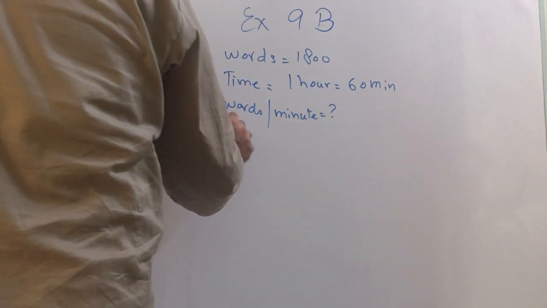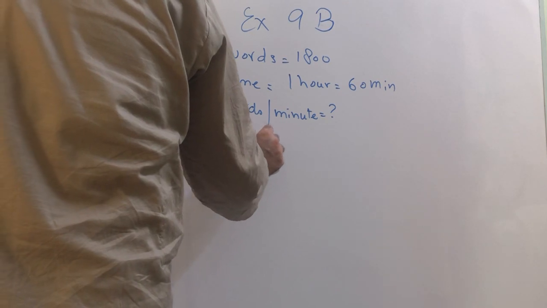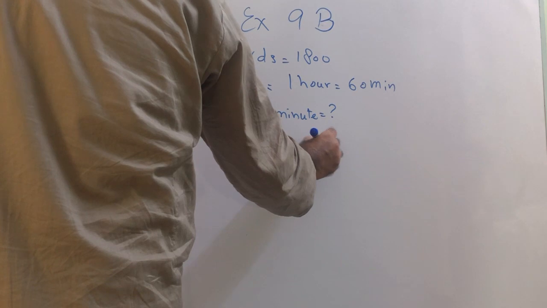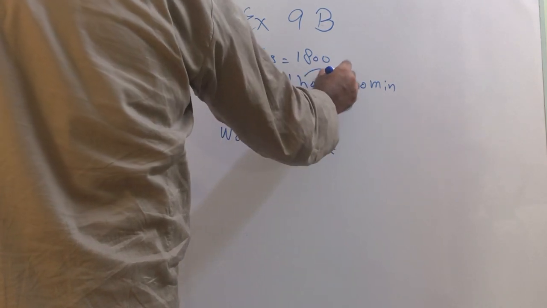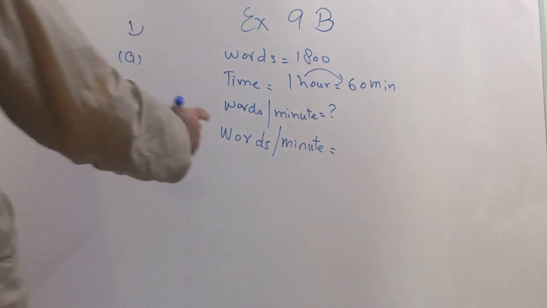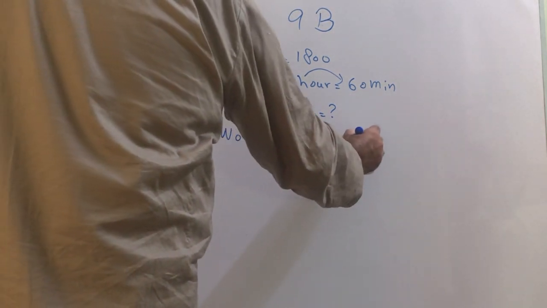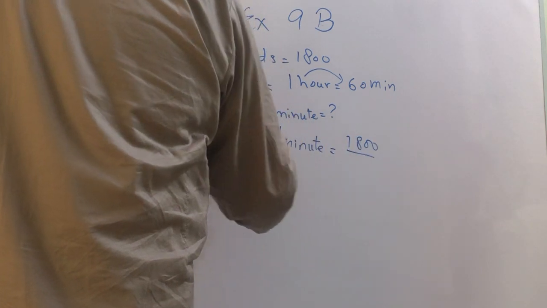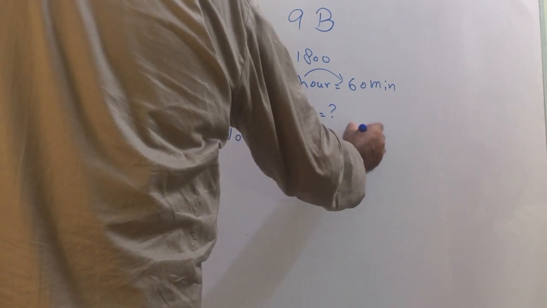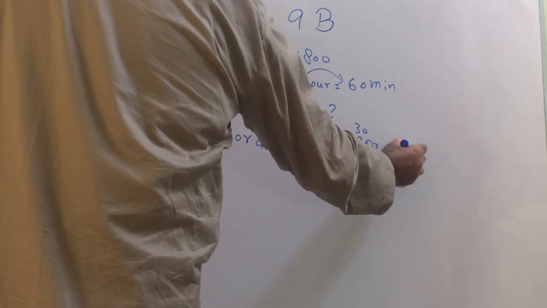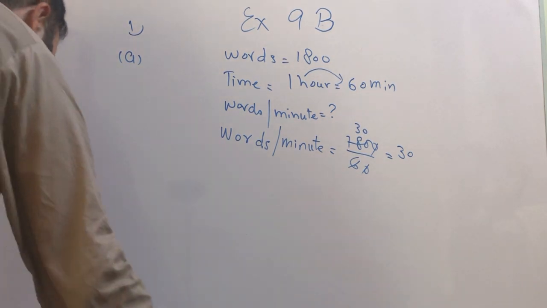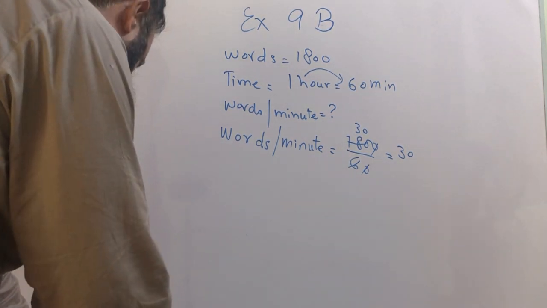So here we are looking for words per minute, so we converted this into minutes. 1 hour is equal to 60 minutes. Words how many? 1800, just divided by minutes, 60 minutes. Simplify. The answer is 30 words per minute.